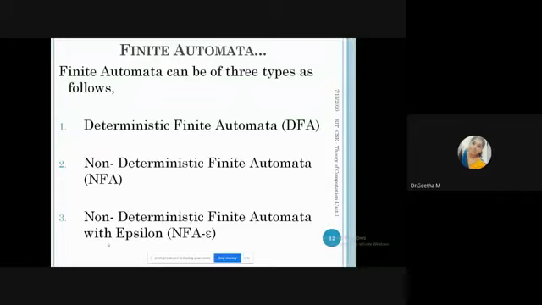For that we have three different models here. One is deterministic finite automata, another one is non-deterministic finite automata, and the third is non-deterministic finite automata with epsilon. These are all the types we are going to see hereafter.